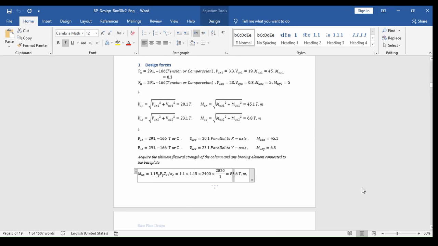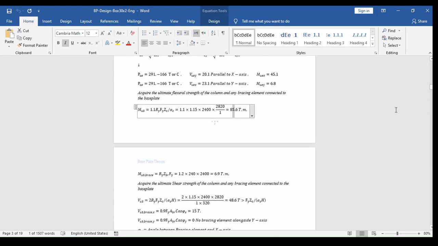In this part, we calculate the flexural strength of the bracing element. According to the AISC seismic provisions, we should consider the lesser of overstrength seismic load and flexural strength, and then add the flexural strength of the bracing connection. We do the same for shear force as well.